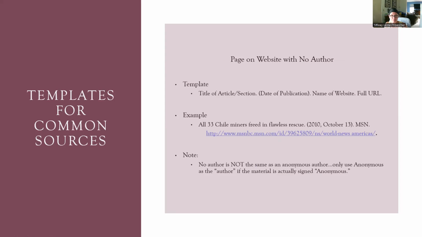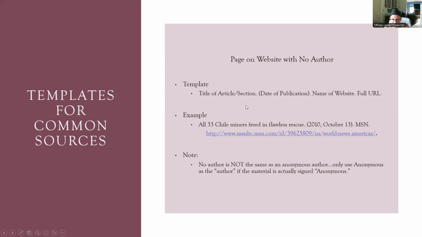What if we have something with no author? Well, normally our entry begins with the author's last name, right? Or the organization's name, or the video creator's name, whatever, the blog writer's last name. In this case, we don't have an author at all, not even an organization. Well, then you start the entry with the title of the article.